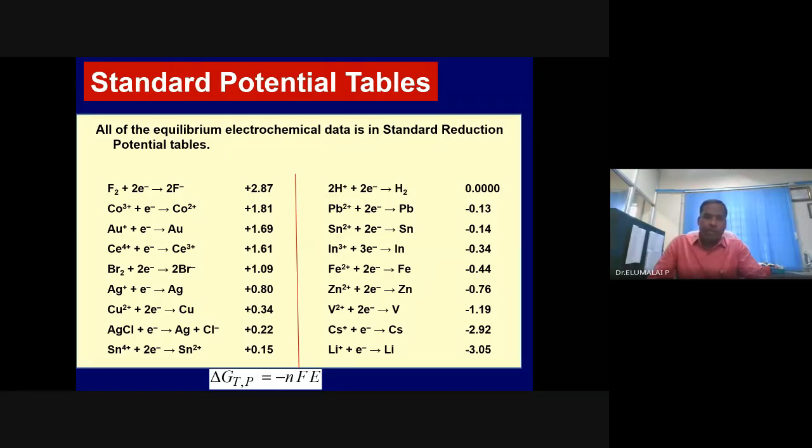So we will take a few minutes and identify which reaction will be thermodynamically feasible from this table. Use this Gibbs equation. You have been given a partial standard reduction potential table. Identify which electrode reaction will be spontaneous, which may not be.